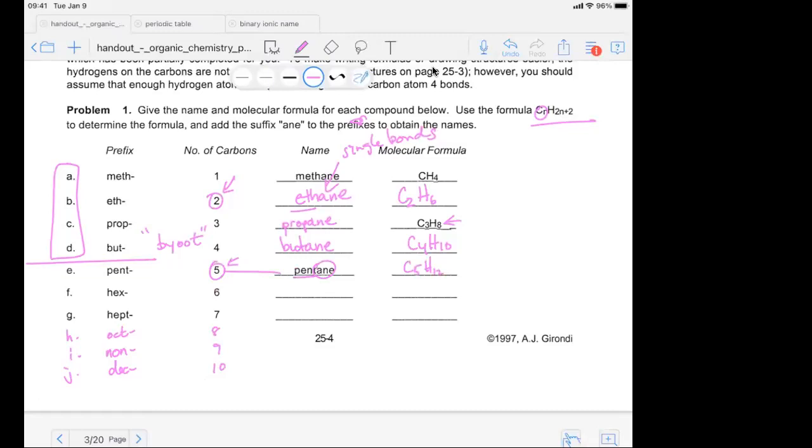For hexane, I'm not going to go through all of them, so that'll be C6H14, but you get the idea. So basically, when you go from one alkane to the next, you are increasing by 1 unit of CH2. This is what we call a homologous series.